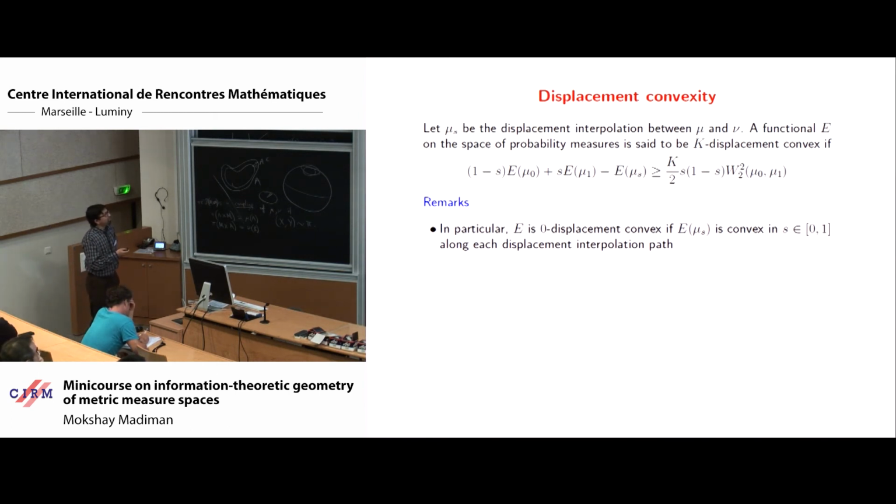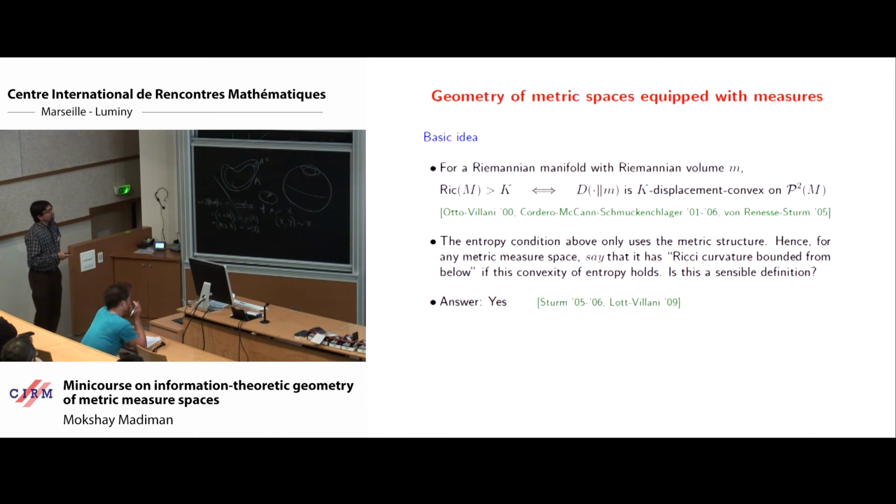And the Wasserstein distance depends only on the metric in the sense of metric space, not the metric in the sense of Riemannian metric, right? So the point is that this only uses the metric structure.